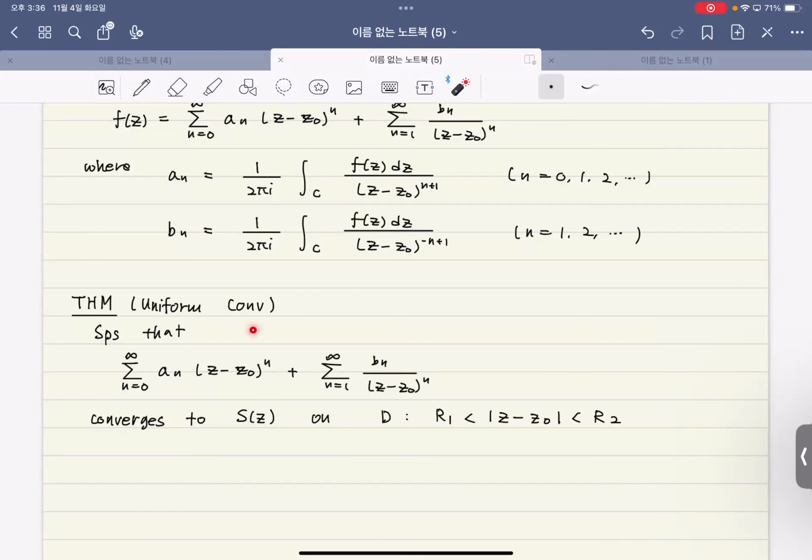Let me say this is converging to s of z on this annulus domain.